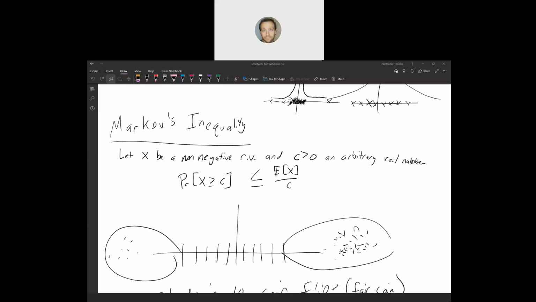All right. So here we have the equation for Markov. Let me choose a particular value of c. We're going to make c equal the expectation. What this means is, what's the probability that the random variable x is bigger than the expected value?